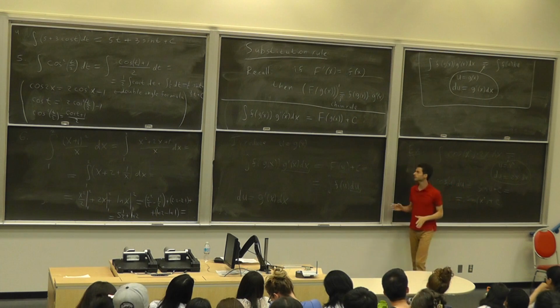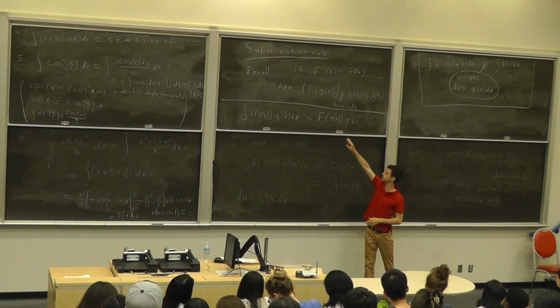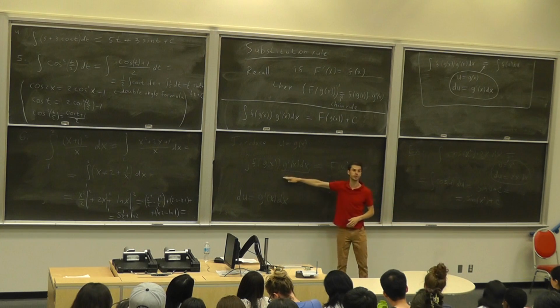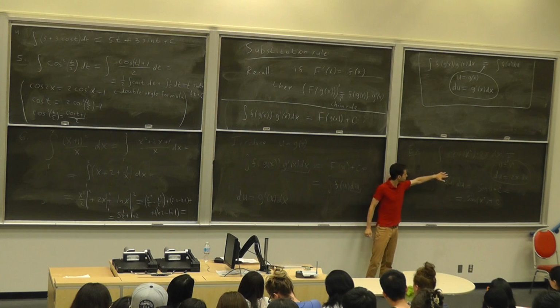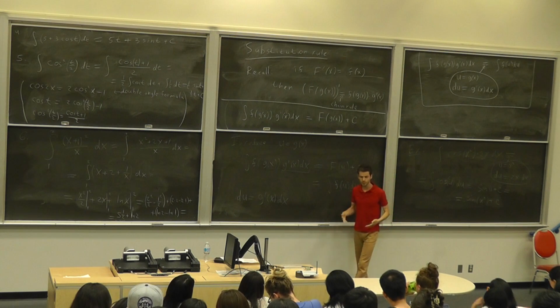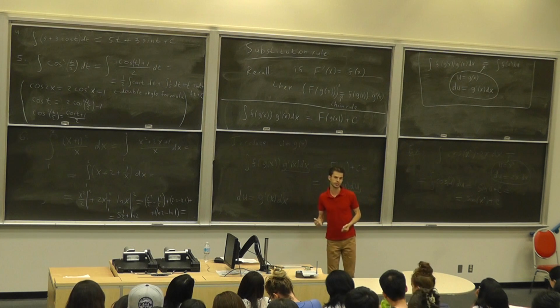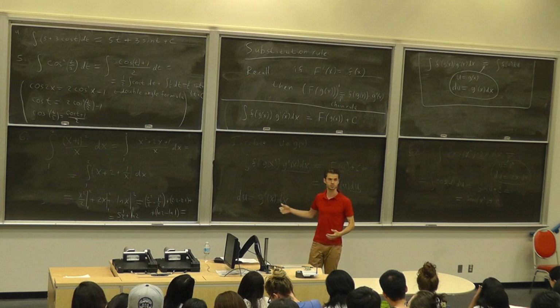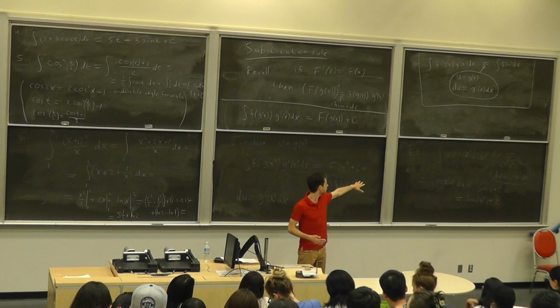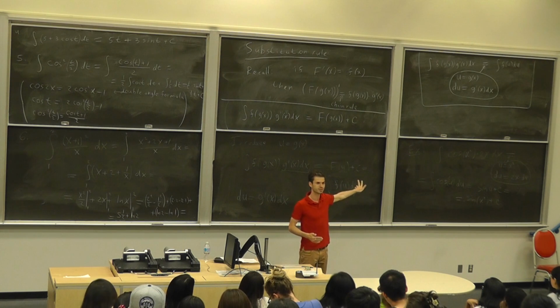So something that will fit this pattern quite perfectly. But the substitution rule can be applied in slightly more general situations. We'll see in a second. So before we go to the more general situations, more complicated examples, once again, questions about this simple example.